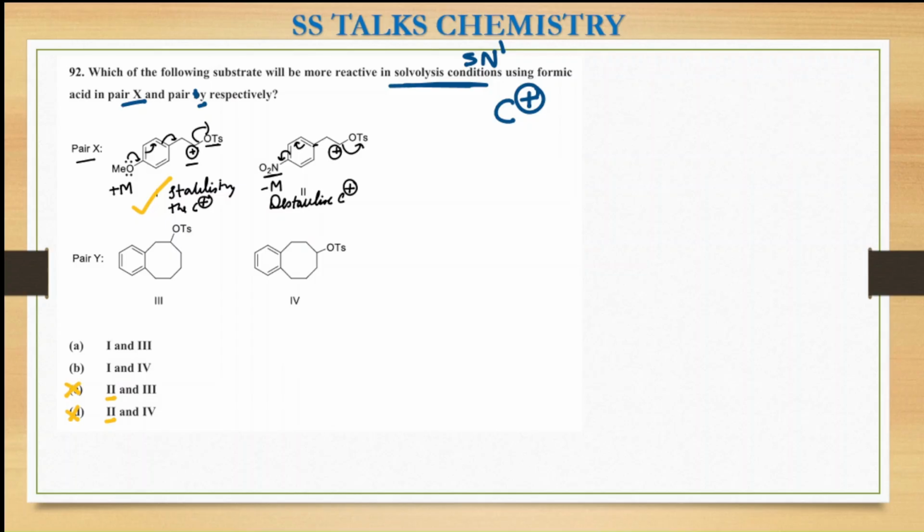Now in the pair Y, the benzene ring that is present can apply the NGP effect for the release of this OTs group. In the third molecule that I see here, if the NGP effect is applied, how many membered ring are you getting? It will be 1, 2 and 3, a 3-membered ring will be formed over here.